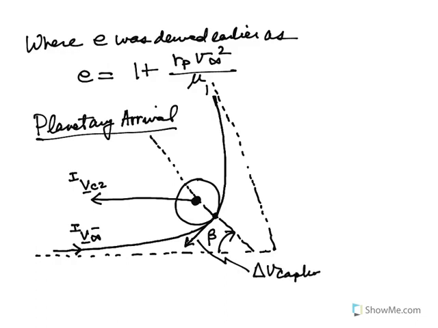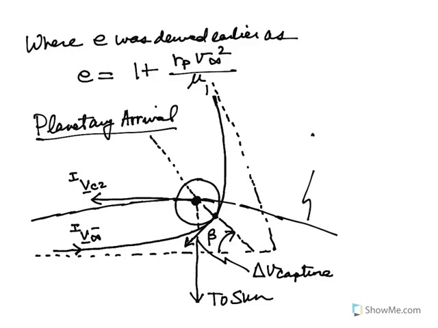And then this direction right here is the direction to the sun. And so you can see that the orbit of planet 2 is actually something that looks somewhat like this. This is the orbit of planet 2.